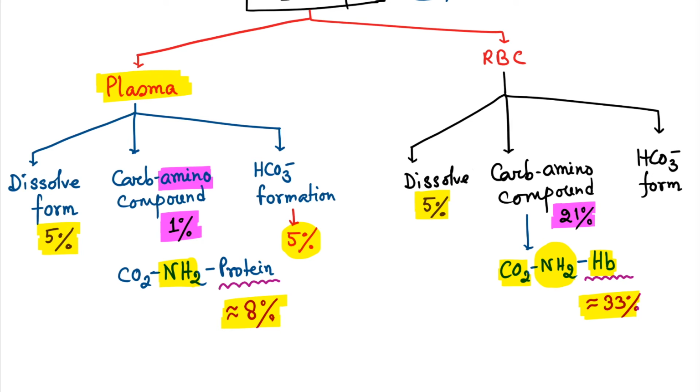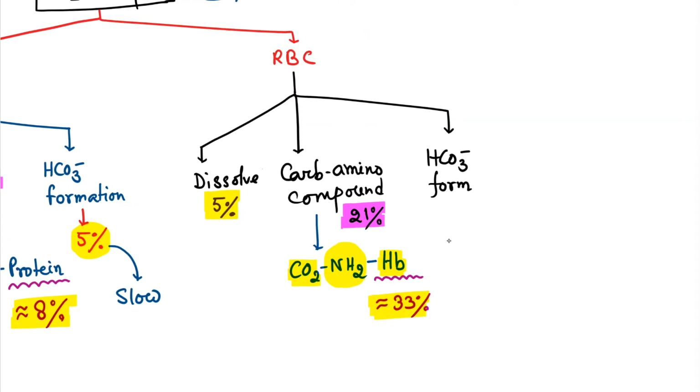Now inside the plasma, the reaction is very slow. On the other hand, the percentage of bicarbonate inside the RBC is 63%. That means the major fraction of carbon dioxide is transported by bicarbonate forms, and this bicarbonate formation mainly occurs inside the RBC.